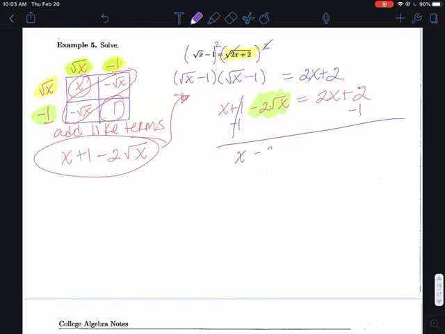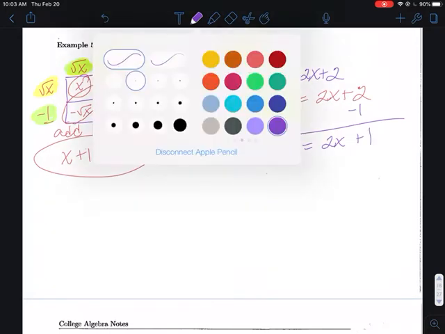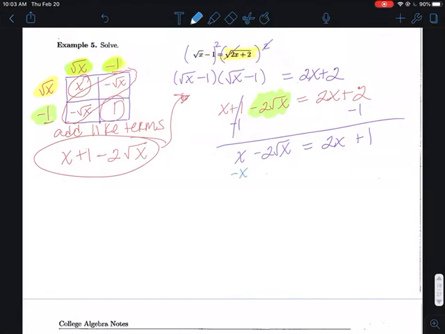So this is x, this minus 2 square root of x is behind it, 2x, and 2 minus 1 is +1. Then I'm going to subtract x from both sides, because my goal is to get this square root stuff by itself. So when I do that, I get -2 square root of x equals 2x minus x is 1x plus 1.